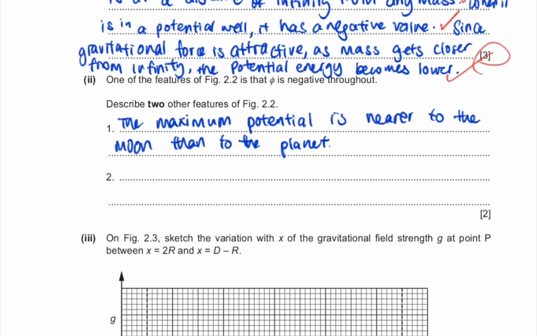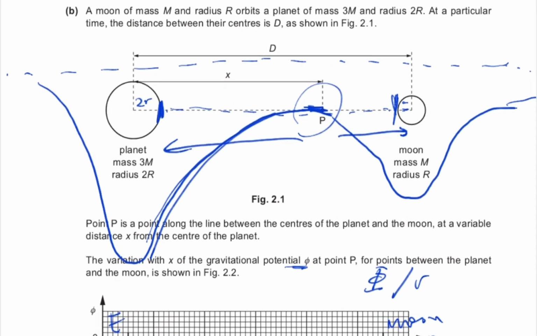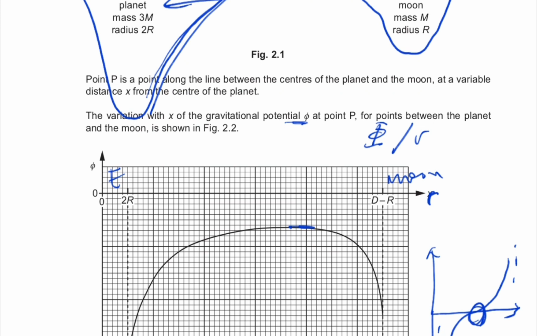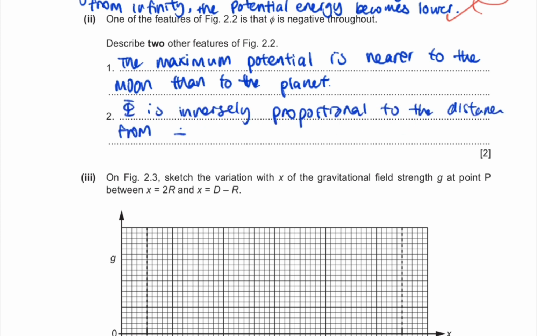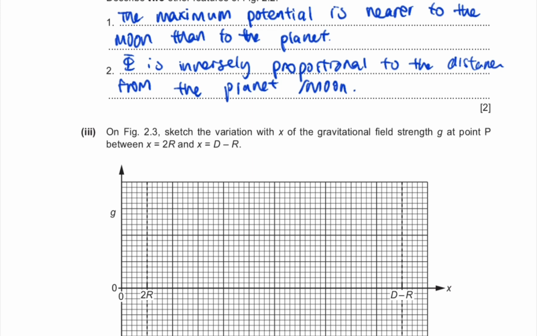Second observation you could make is that phi is inversely proportional to the distance from the planet or the moon, because the equation itself tells us it's over r, right? So you could also comment on the inverse proportionality. You can also comment more things.